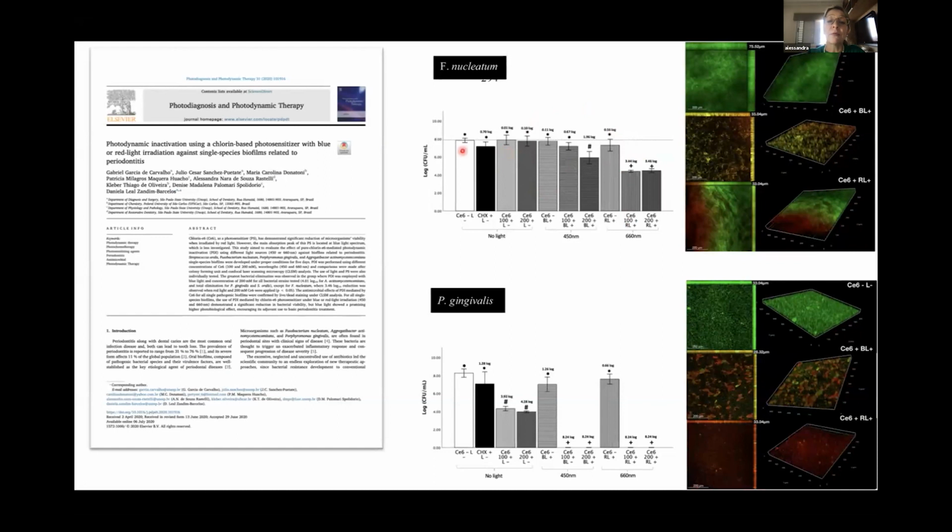So then we can show the CFU reduction, and the CFU reduction was also supported by the confocal images, where we can see most of the cells stained by the red dye. Here we can see for Fusobacterium nucleatum more than a 3-log reduction.